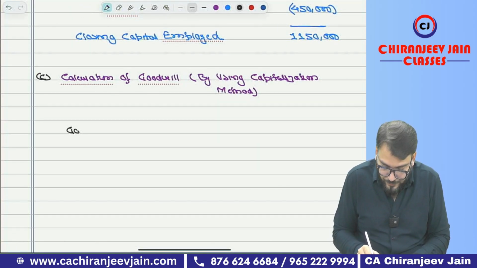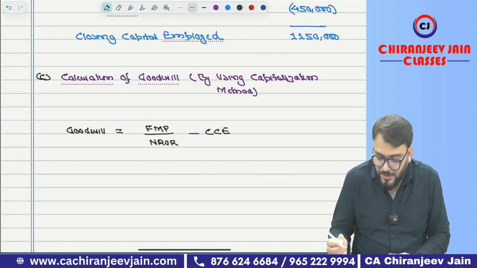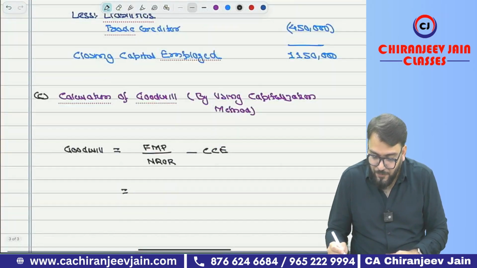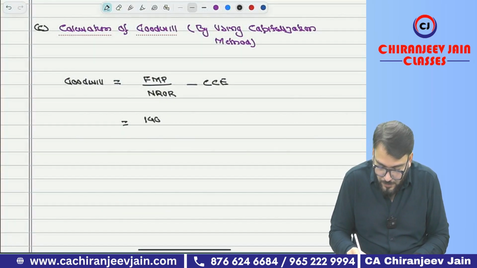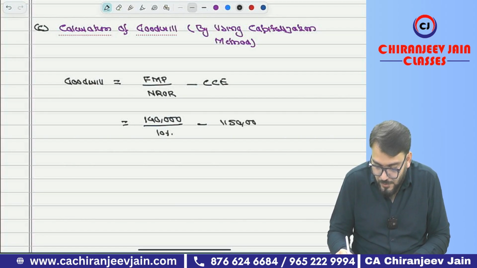Goodwill is equal to FMP divided by NROR minus closing capital employed. What is the FMP? FMP we already calculated as 1,40,000. NROR how much? 10%. Closing capital employed 11,50,000. Okay.